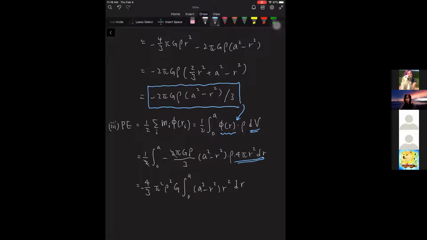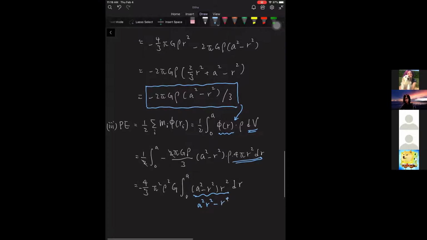Okay. And that gives, so this can be written as a squared r squared minus r to the 4th. Right. Did I miss something?